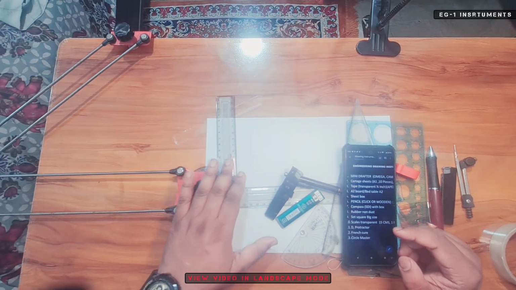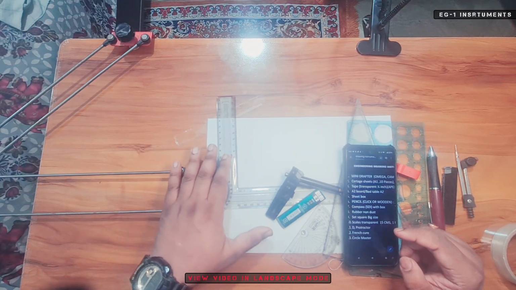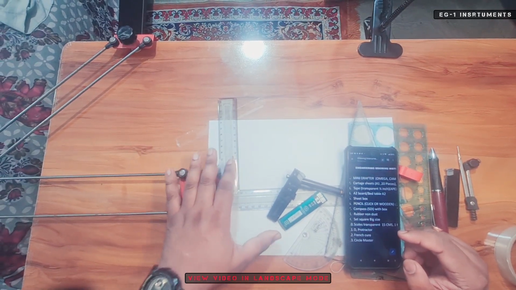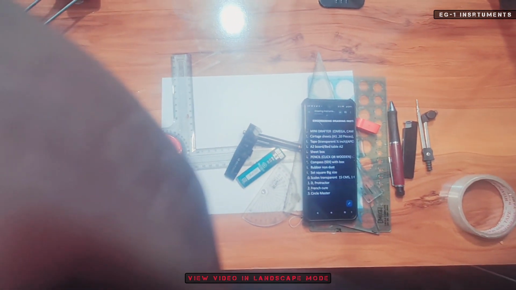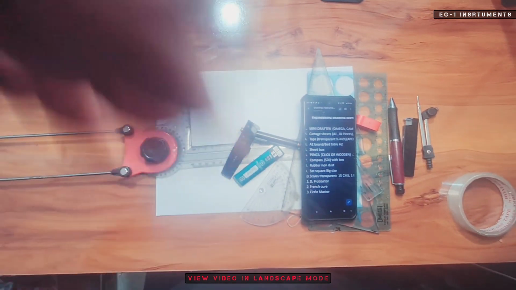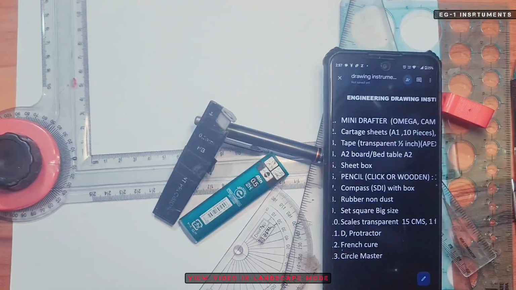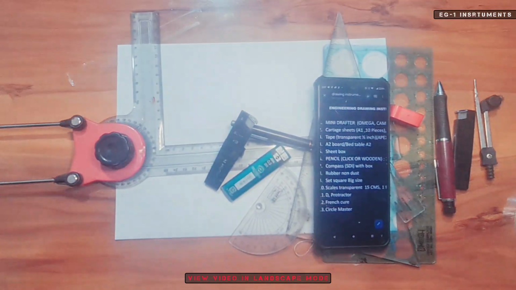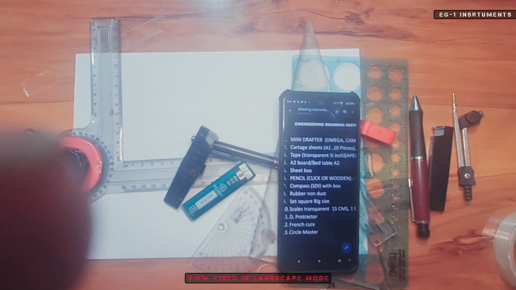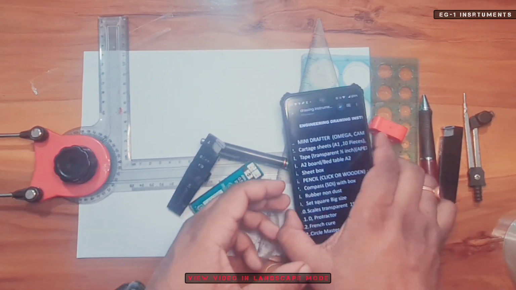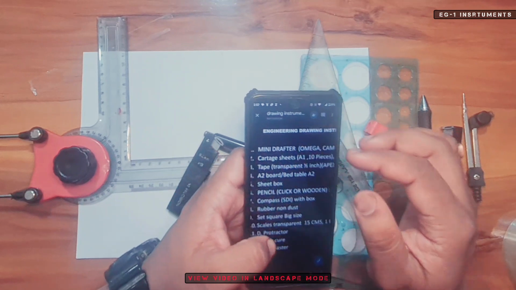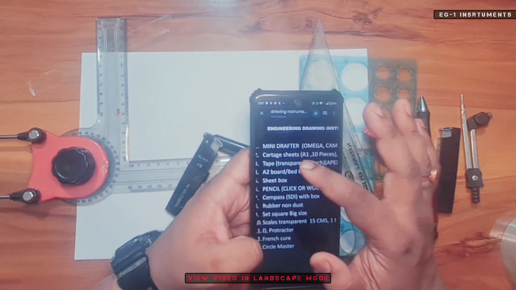I will explain how to control it and use it in another video, but currently I am focusing on the instruments which are very important to purchase in this subject. So first of all, what I have shown you is the mini drafter.